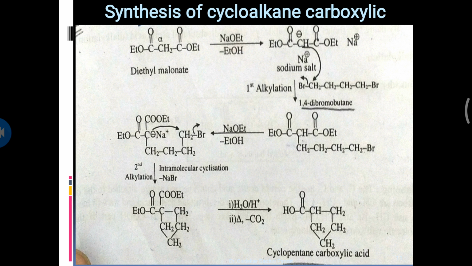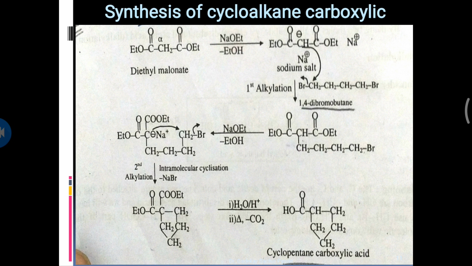This first alkylated ester reacts with another sodium ethoxide to form a second, intramolecular cyclization, the second alkylation reaction, to form an ester. And on hydrolysis, heat and decomposition, it forms cyclopentane carboxylic acid.